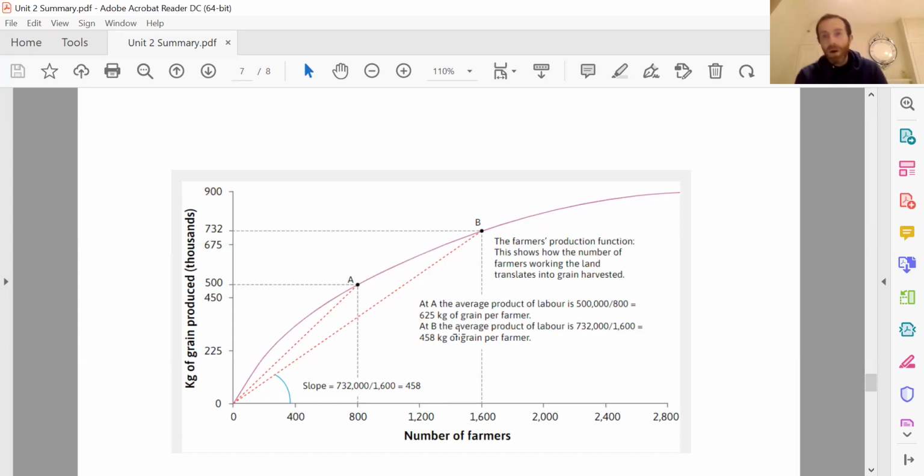So this is a key part of Malthus's explanation of why living standards would never in the long run rise. And the second part of his explanation is he said that if living standards did start to rise, that would cause people to then have more children. It would cause the population to increase.